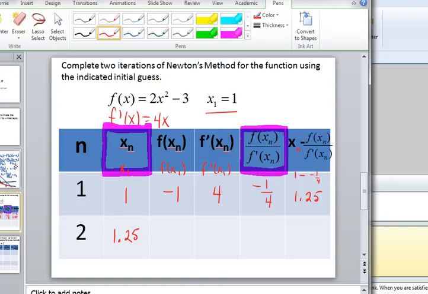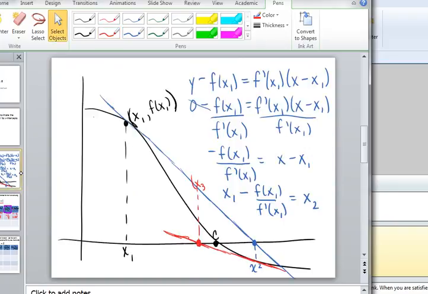Let's refer back to the example that I gave you, or the explanation of Newton's method. When I first started out, I gave an initial guess of 1, and then I would draw a tangent line to the curve using the equation of a line. I would then be able to figure out what this x value is, and I called it x sub 2.